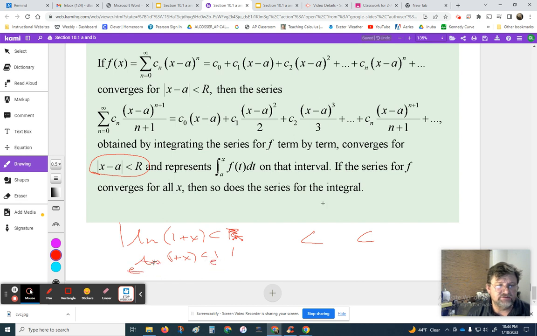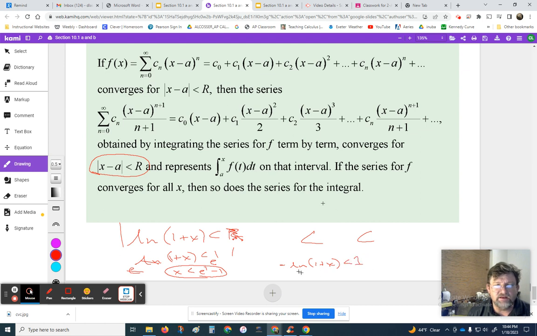That'll cancel. So x is going to be less than e to the first minus 1. That's one of the intervals, right? And then the other one would be the negative natural log of 1 plus x, which is less than 1.